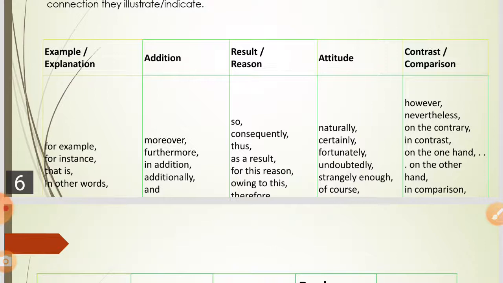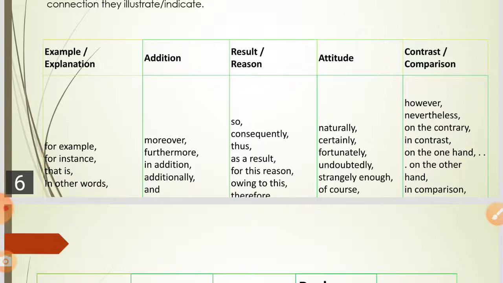Example and explanation: for example, for instance, that is, in other words. They are similar phrases or synonyms. Addition: moreover, furthermore, in addition, additionally, and. Result: so, consequently, thus, as a result, for this reason, owing to this, therefore.